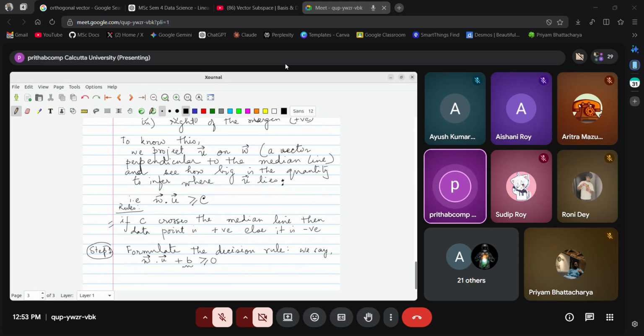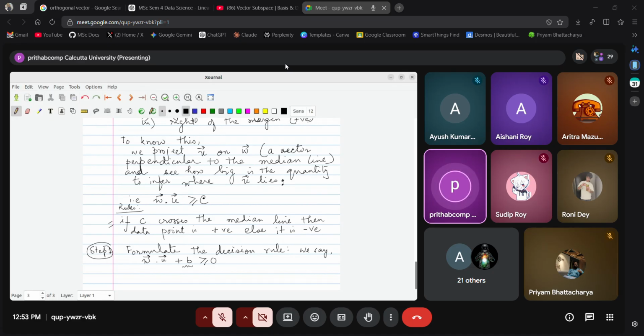So the value of this b decides how much is to be added so that it crosses that median line.